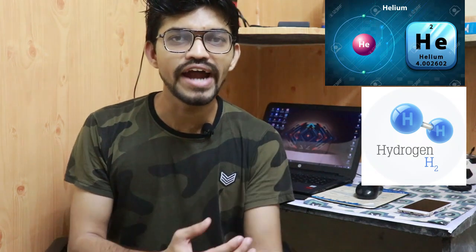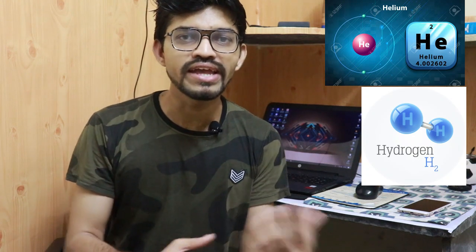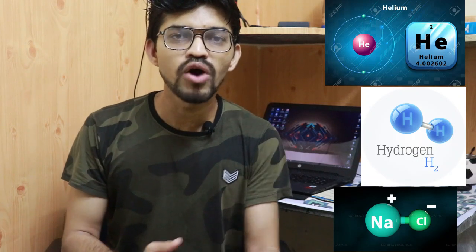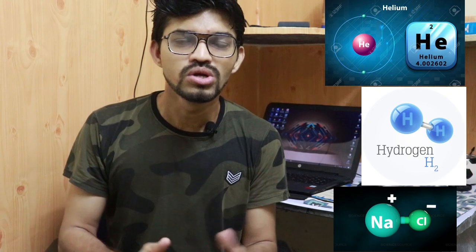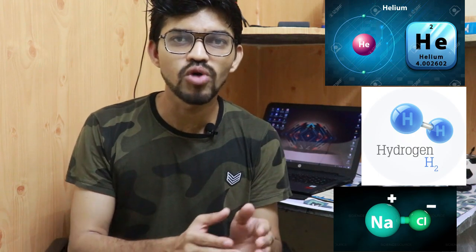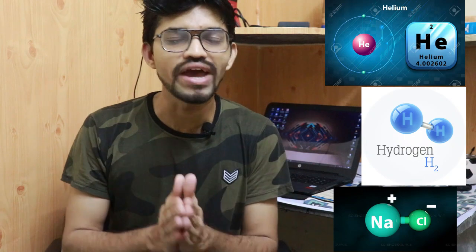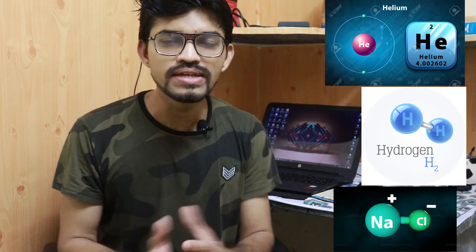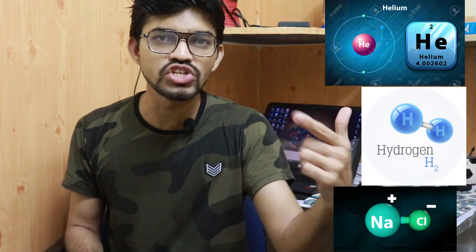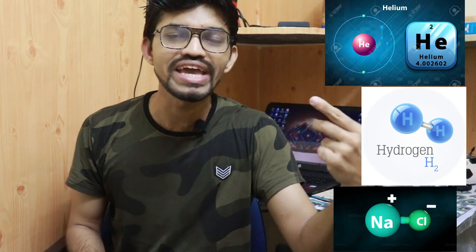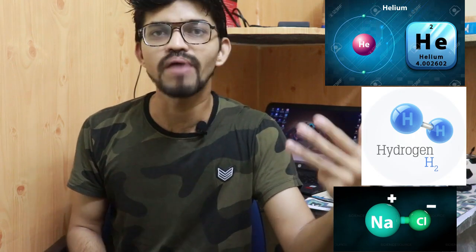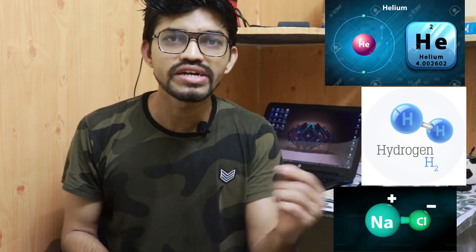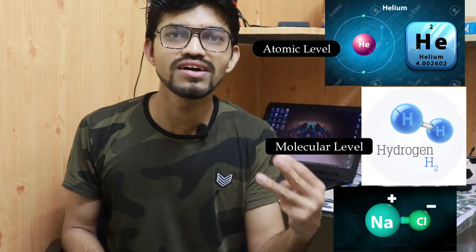And salts like NaCl exist at the compound level, that is one molecule of NaCl, in a combination. So in this case we have to count the number of H2 molecules, helium atoms, and NaCl particles. So this is nothing but the counting methods. We are counting as per the atomic level, molecular level, and compound level.